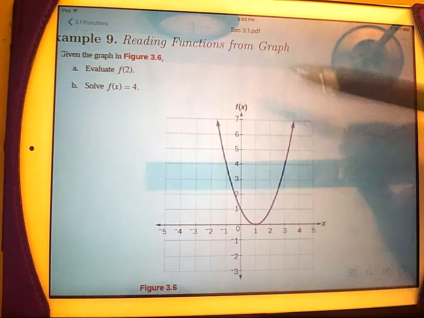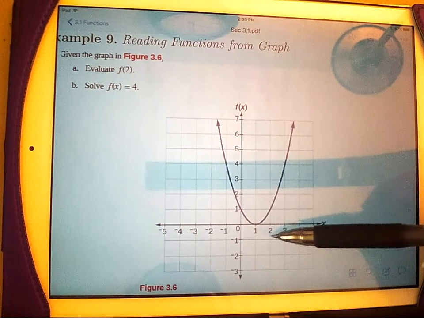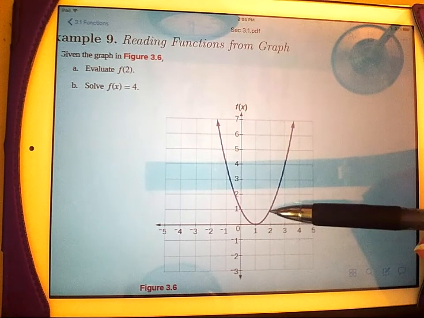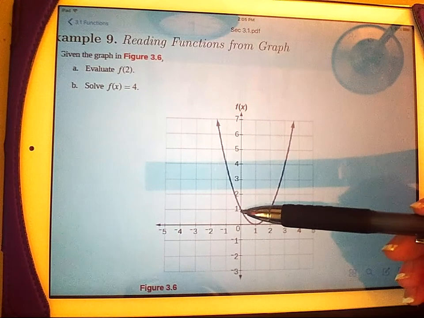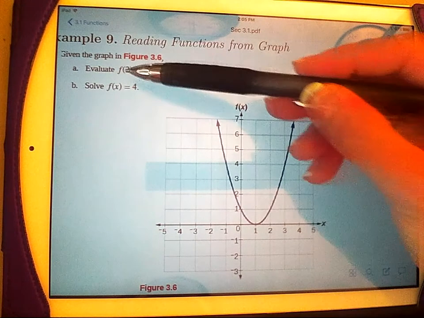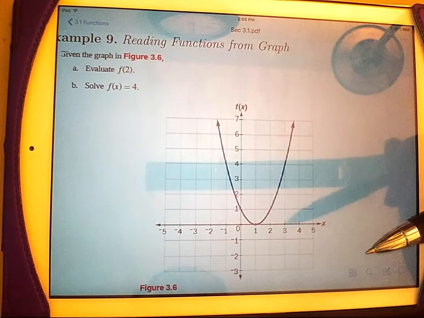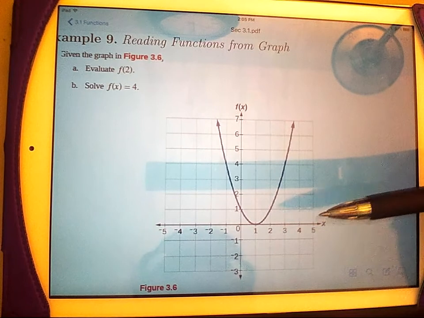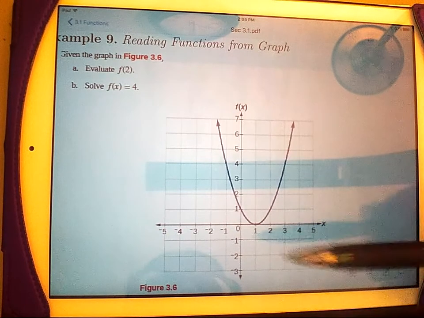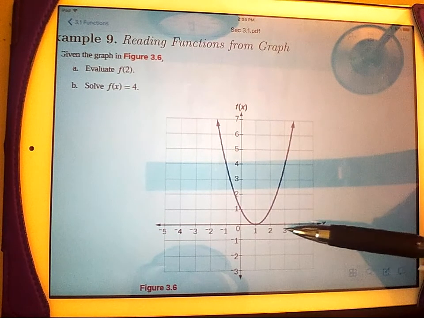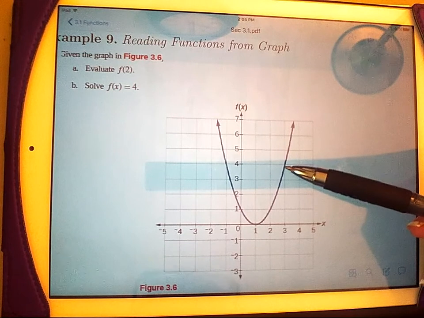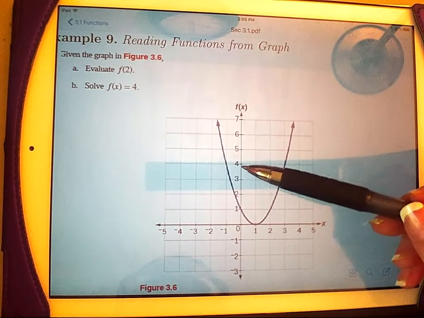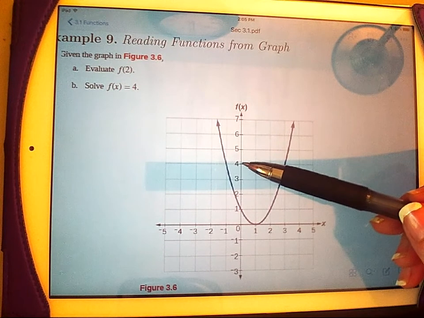Remember, these are the function values when x is 2. So when x is 2, I come up here and the function value is 1. So f of 2 must equal 1. If I wanted to find f of 3, I would come over to 3 and find the function value at 3, and that function value is 4.